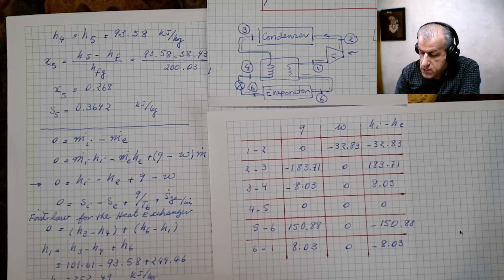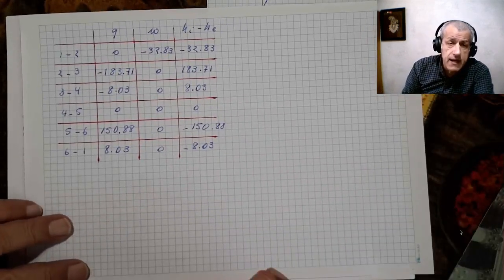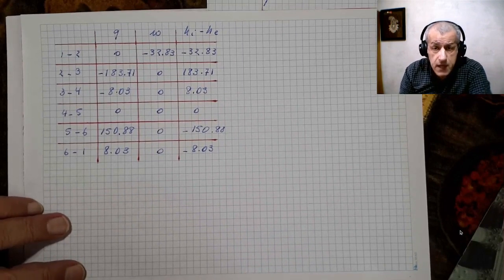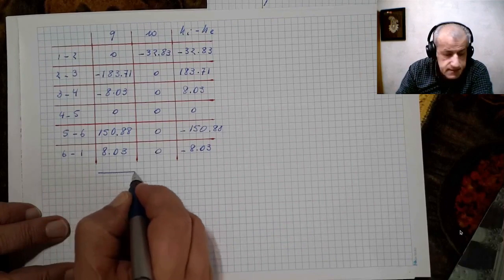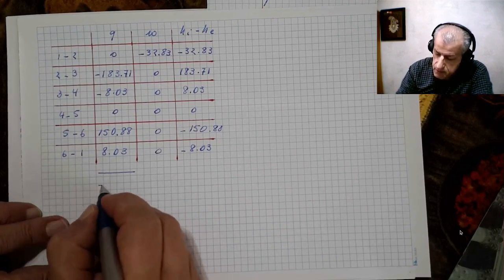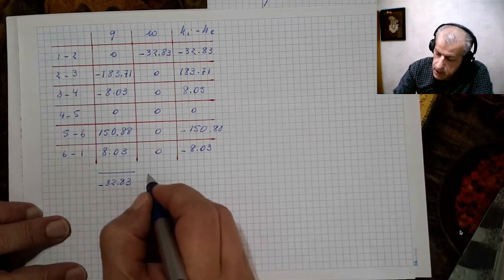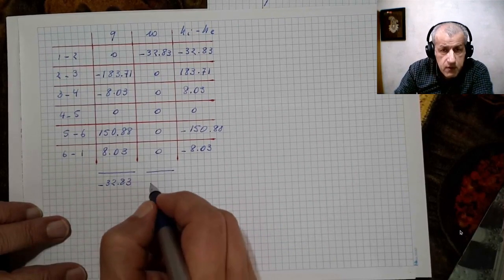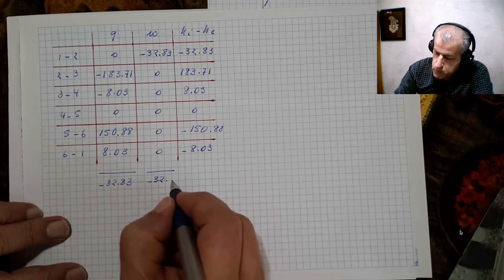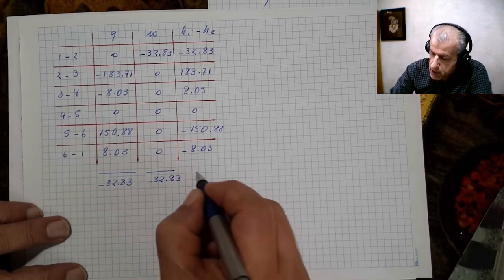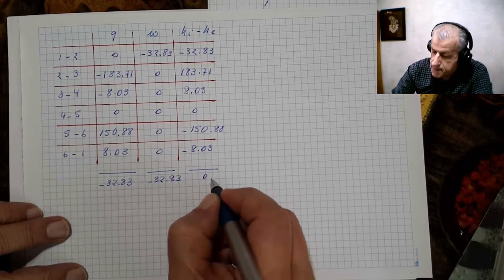8.03. Just to check that we have done all our calculations up to now correctly, we just add all these values and it would be minus 32.83. Add all work values and it would be minus 32.83, and all delta H should be 0 for the cycle.